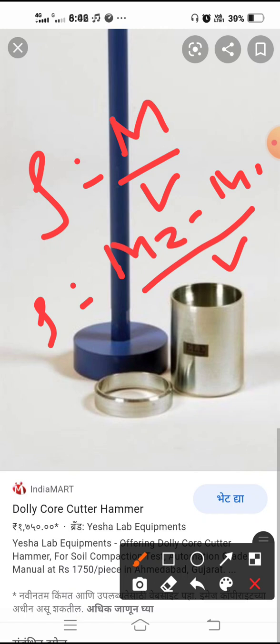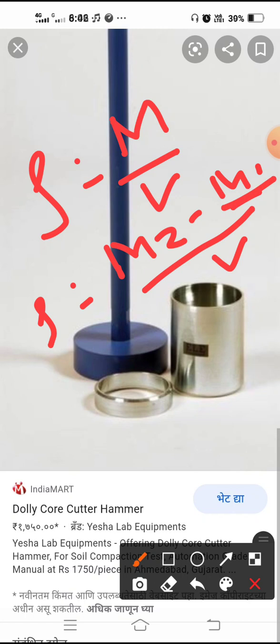We can easily find the mass of the empty core cutter by placing it onto the balance. Then the second one is the mass of core cutter plus soil.